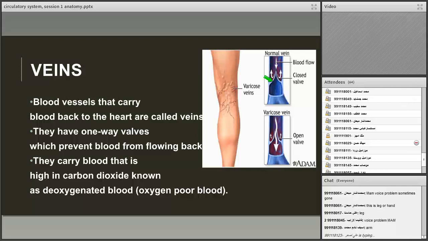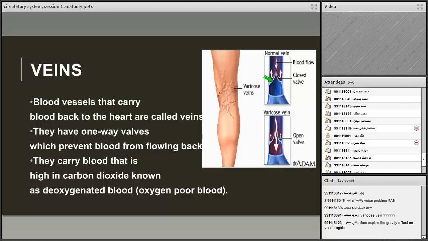So, the function of these one-way valves is very important. We have the one-way valves mostly in the legs, and in the arms they are not needed. Yes, we call them varicose veins, and they are painful. If somebody has varicose veins, they feel pain in their legs.